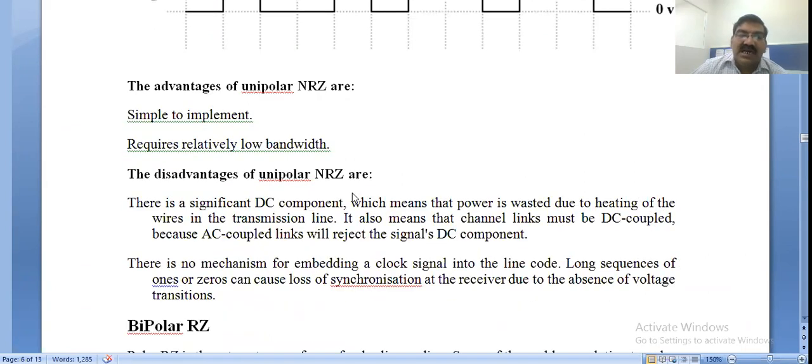And there are some disadvantages. What are the disadvantages? There is a significant DC component, which means that power is wasted due to heating of the wire in the transmission line. It also means that the channel link must be DC coupled because AC coupled lines will reject the signal's DC component.